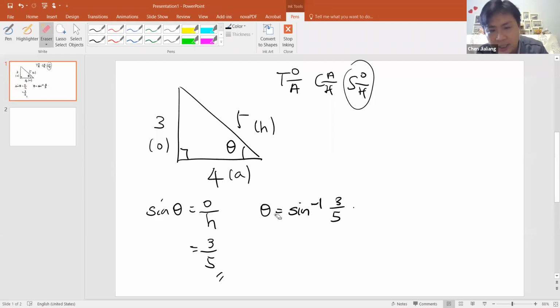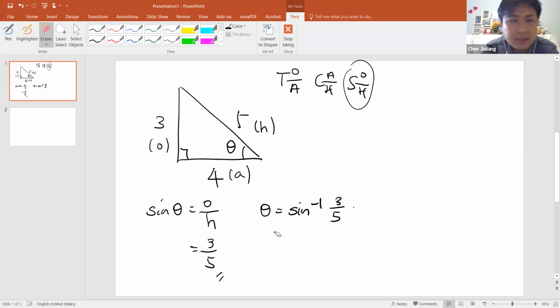In this case, you just press shift, the first button here, and then you look at the sine button. On your calculator, you will see sine inverse, sine minus 1. Then you press 3 over 5. After that, you'll get the answer.